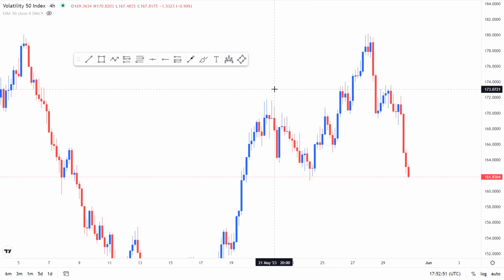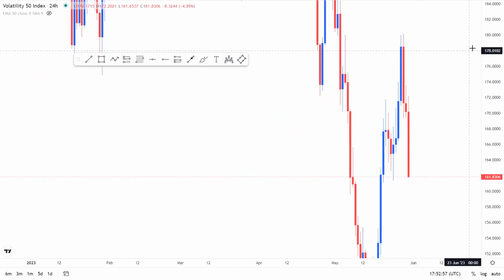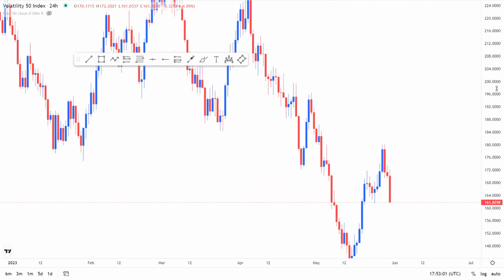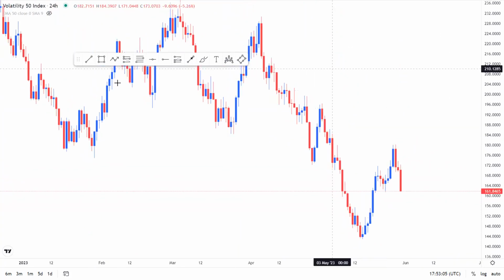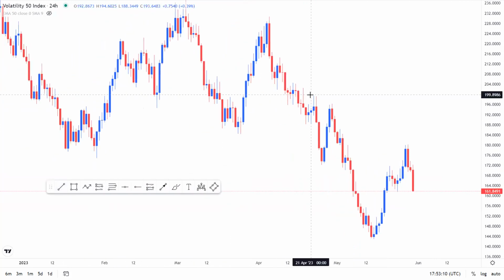Starting out with the daily time frame, the first thing I do is identify what the market is doing. Where is the market headed? Very clearly, as you can see, the Volatility 50 Index from the daily time frame is in a downtrend.